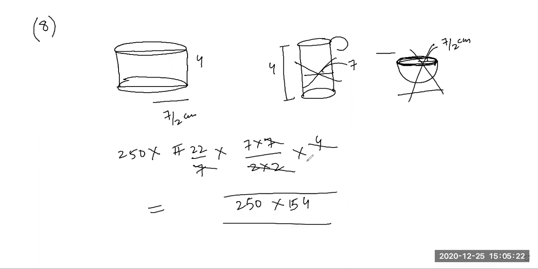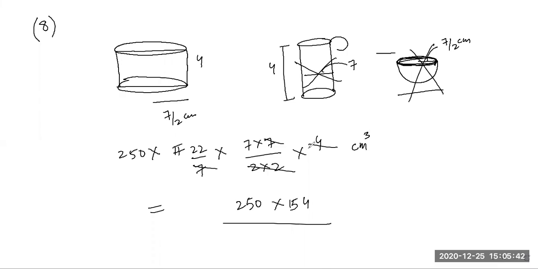He says no, how much such soups? How much soup does the hospital prepare? Obviously we will multiply by 250. This is the volume of one soup, and that is in centimeter cube.